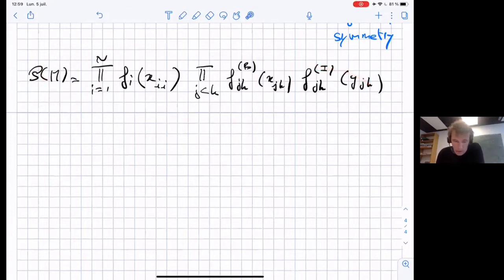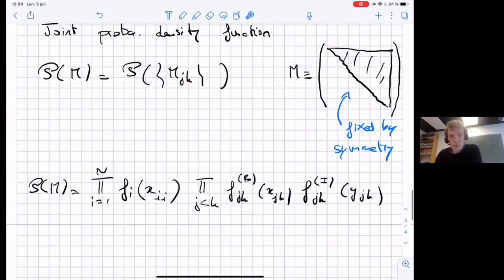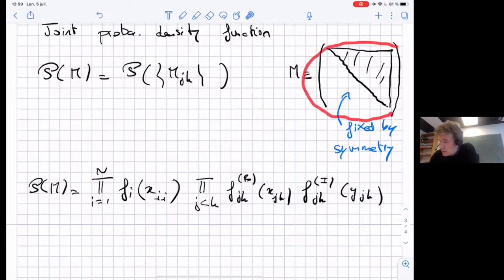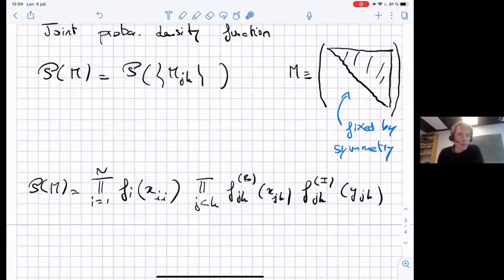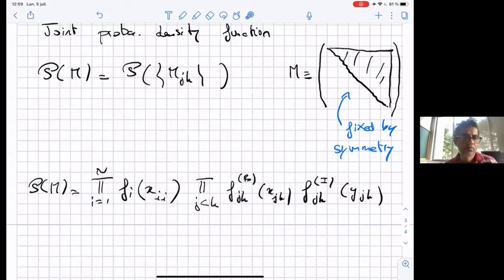Now, at this stage, if you have this picture in mind, it's quite useful to think about the number of degrees of freedom that you have in these matrices. Of course, the matrix has n square elements, but the number of independent degrees of freedom is not n square, because it's just these upper triangle elements that are indeed independent.